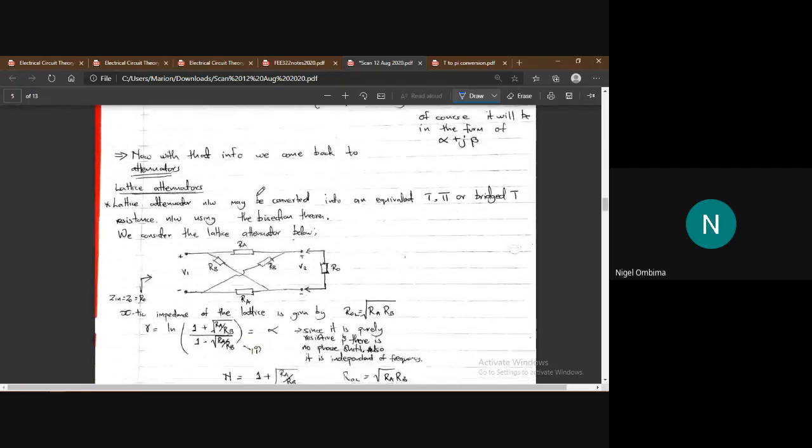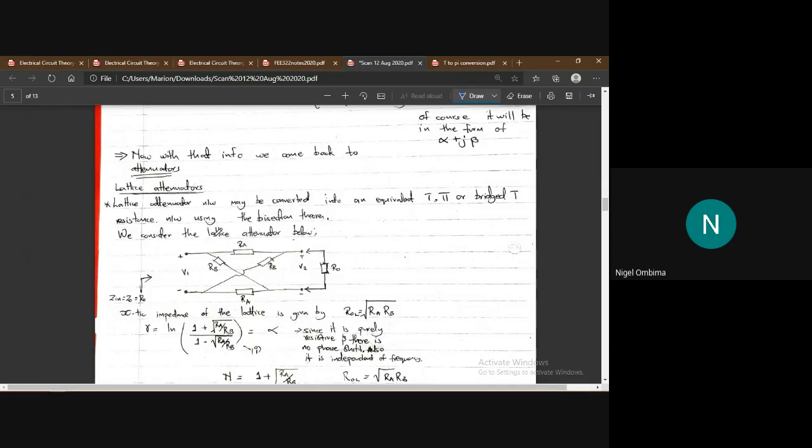With that information, we can now go back to our lattice attenuator. A lattice attenuator network may be converted into an equivalent T, pi, or bridge T resistance network using the bisection theorem. Sorry, that is Bartlett's bisection theorem, but here we won't use it. Here it just flows in directly.